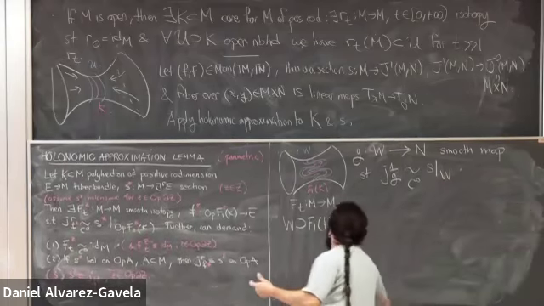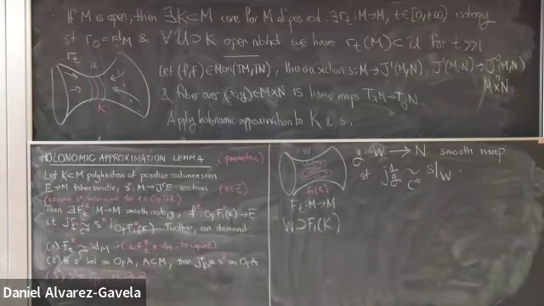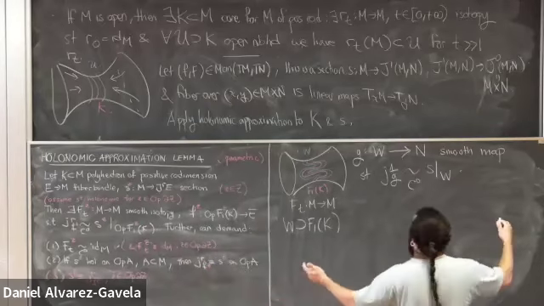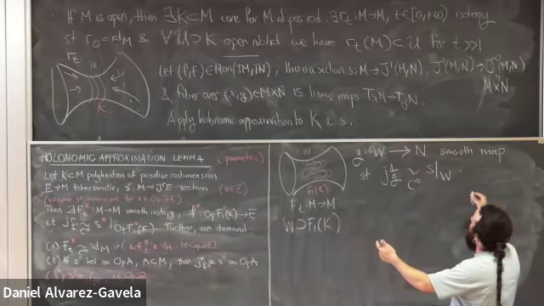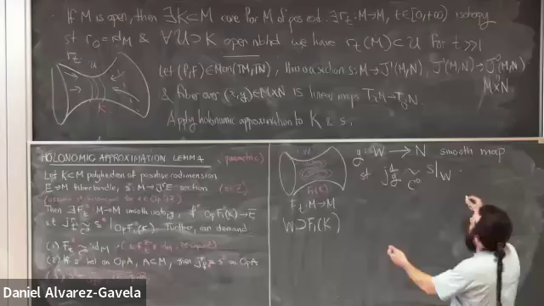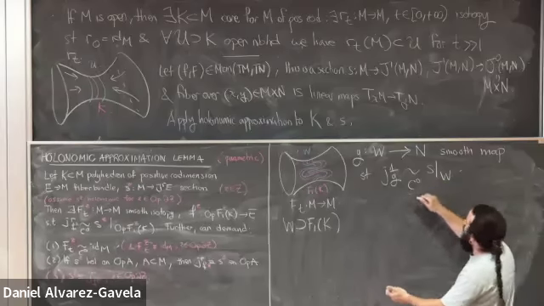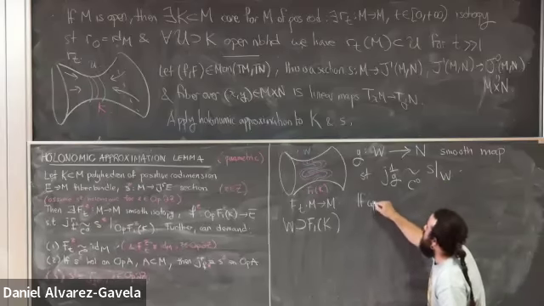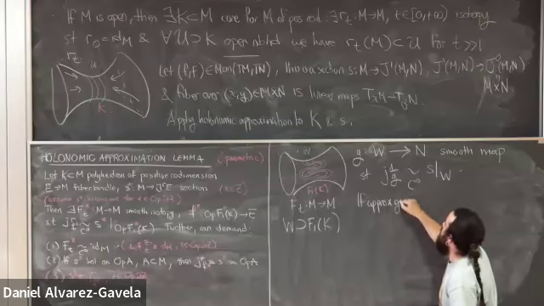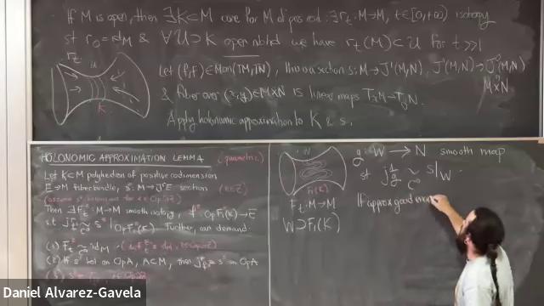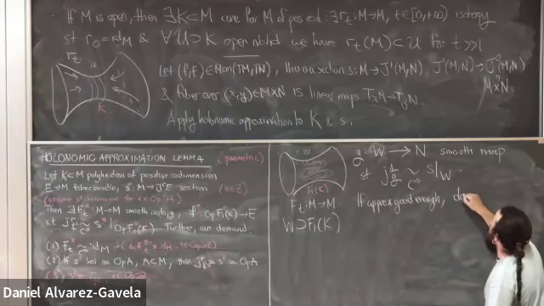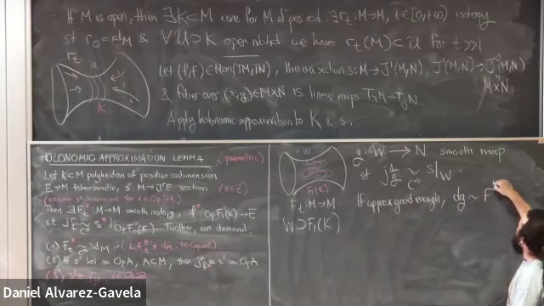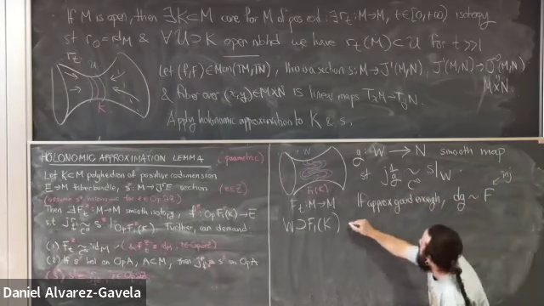So far so good. Any questions so far? Okay, but now you see, if the approximation is good enough, then dg is close to f, which is injective.